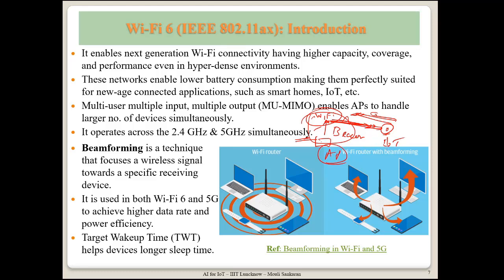Now when the IoT devices need to look for communication from the Wi-Fi, they have to wake up every few seconds or milliseconds. They have to wake up to know what communication is coming from the AP. Suppose some data has come for the IoT device, the AP will communicate saying that data is available. So IoT devices go into sleep and then wake up and then they communicate with the Wi-Fi or access point.